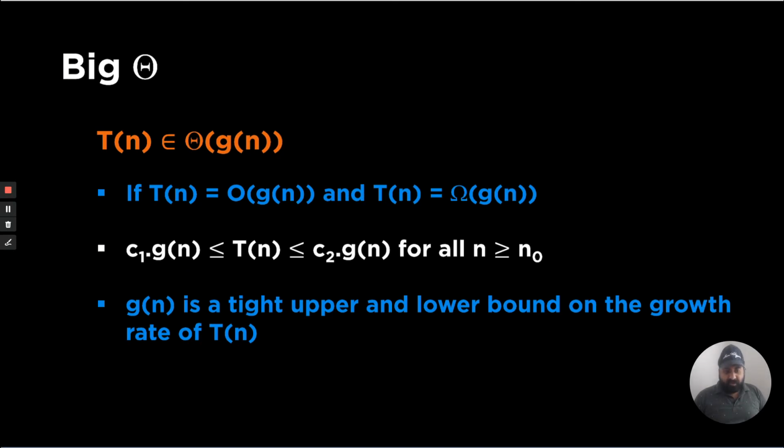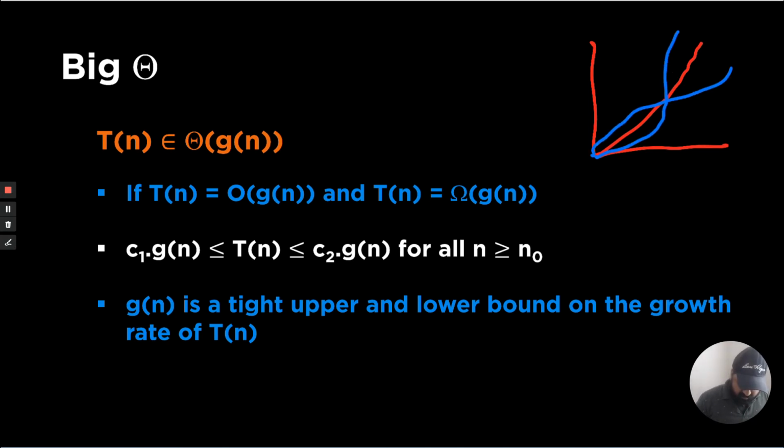The last definition we are going to discuss is the big theta. This provides a notation for a family of curves that provides both an upper bound as well as a lower bound, which is if a function grows like this, then there could be two other functions. One of them grows like this, and another one grows like this. And then after a certain threshold, this function, the red one, is bounded by the growth of these two other functions.